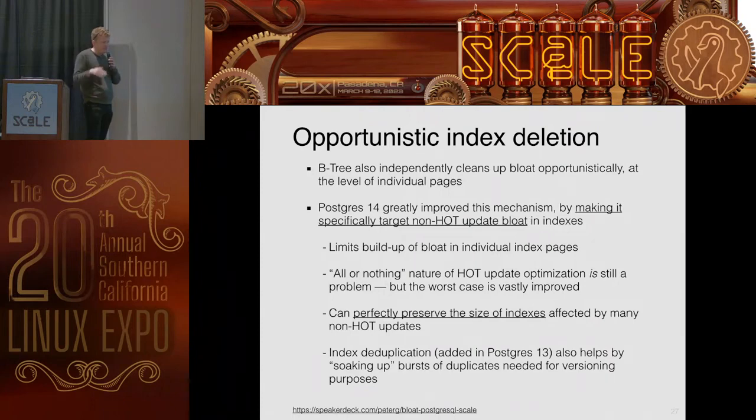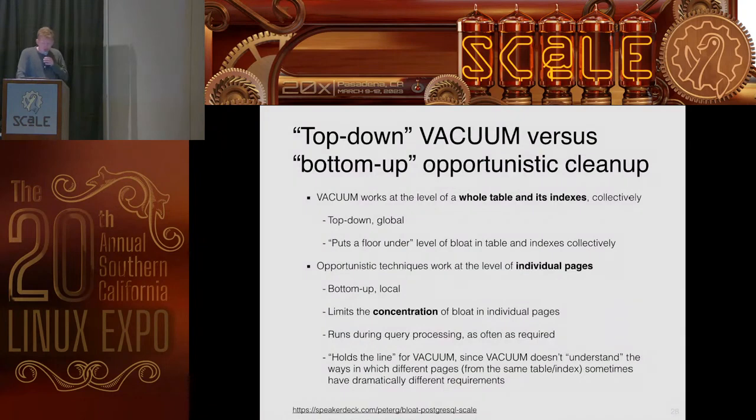So when HOT doesn't apply and you've got like 10, 15 indexes, it's ideal there because it won't be particularly effective on that one index that you did change, but all of the other indexes will, generally speaking, have their original pristine on-disk size preserved. So that's a big improvement in practical terms. But of course, you have to be on Postgres 14 to avail of that.